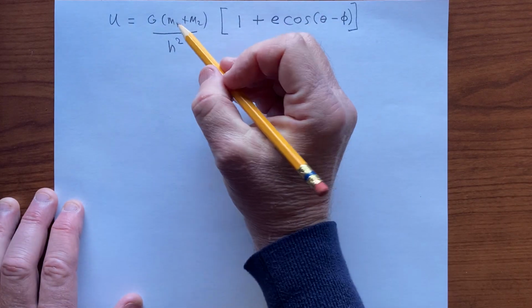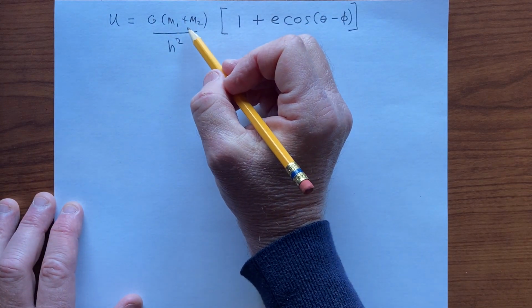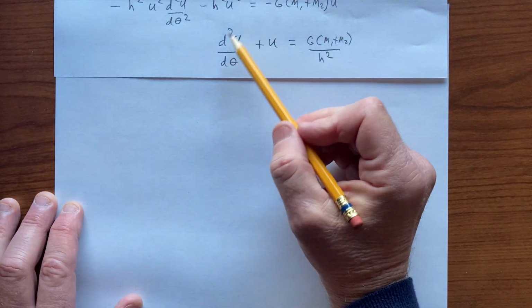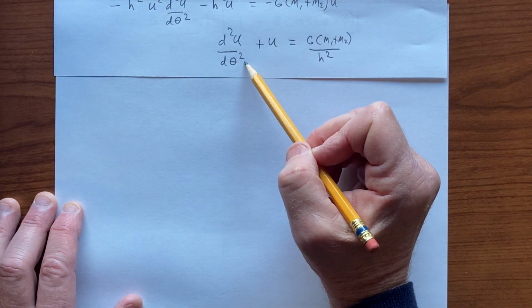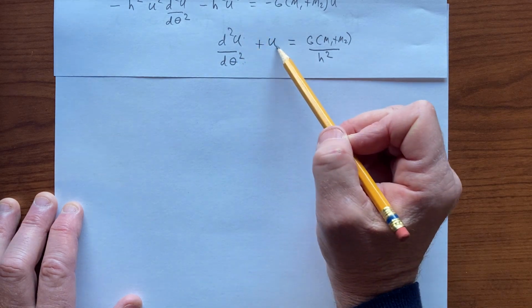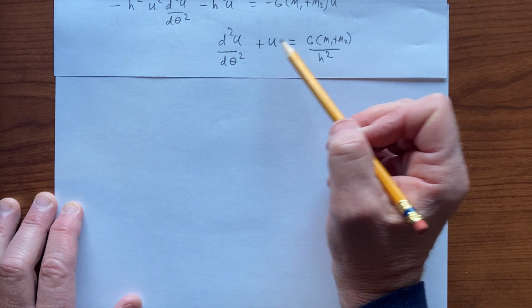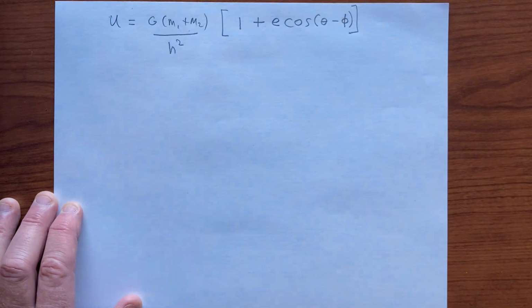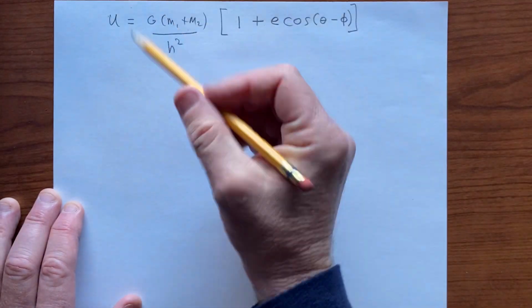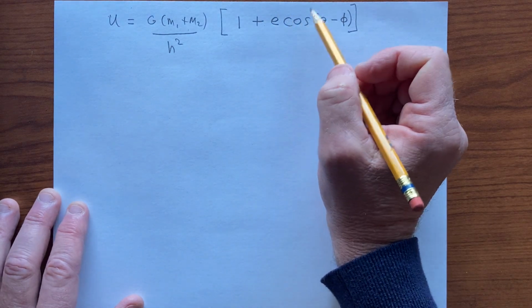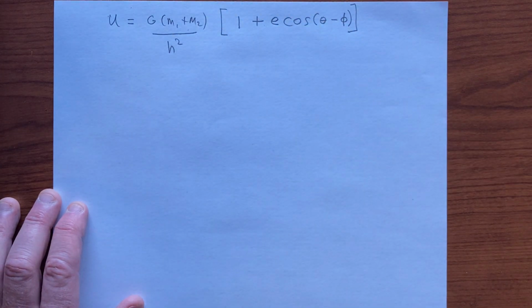So that's the solution. So you can take two derivatives of that in theta, and we'll just get minus sine times cosine back, and then we have the function itself and a constant. And we can check that this function, in fact, obeys that. We take two derivatives of this, and everything else just goes along for the ride.